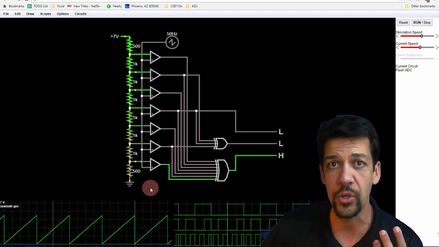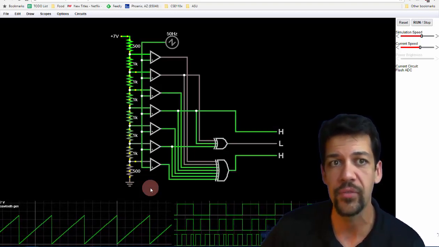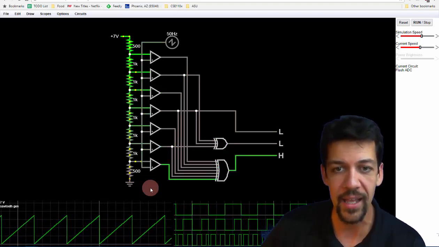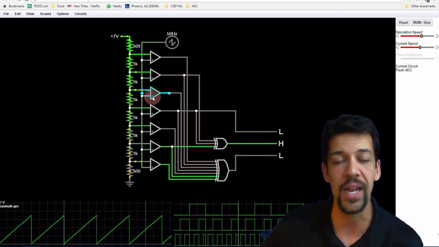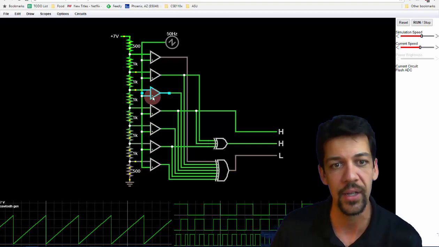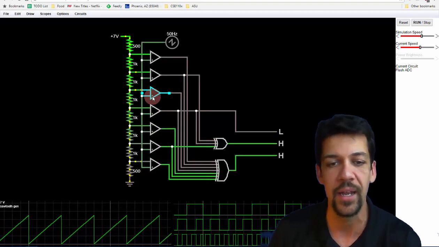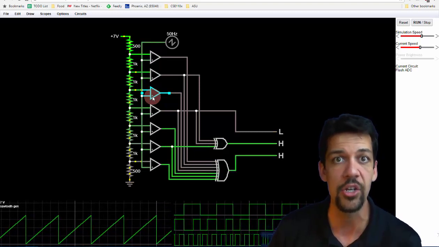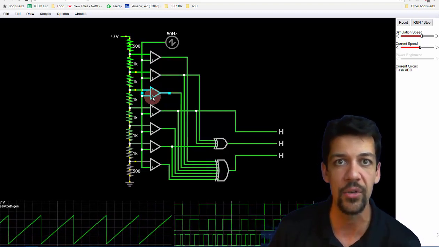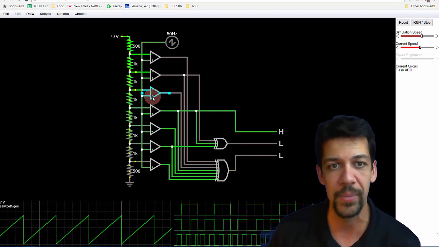Now, if I wanted to do 12 bits, I would have to have 2 to the n, where n is the bits, comparators and resistors. I would have to have every single possible level built out, and that gives me a real headache when I'm trying to design my chip. That's a huge amount of space that I can't use, that I may not be able to have.